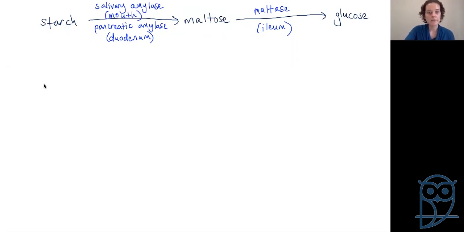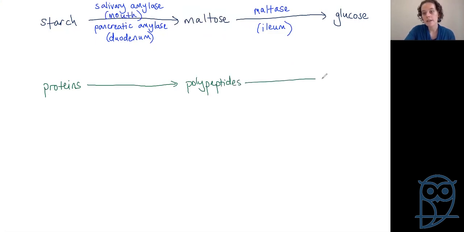So next one will be proteins. Proteins, we said first go to polypeptides. So we break them up a little bit, and then we break them up completely to amino acids. Our first enzyme involved with proteins is our very special enzyme, pepsin. Pepsin is our special one because he's the one in the stomach.